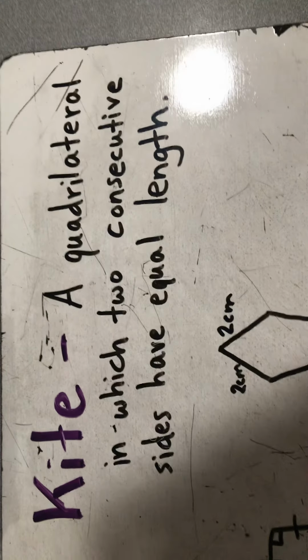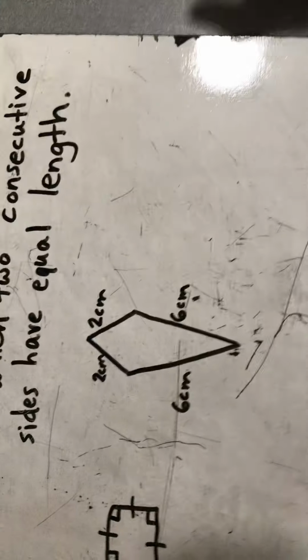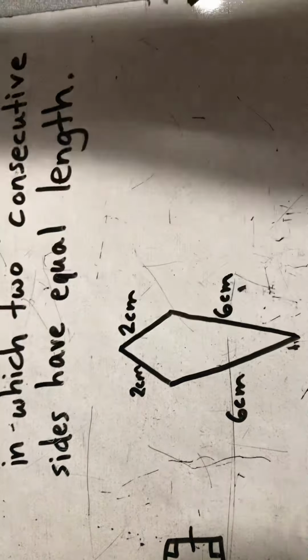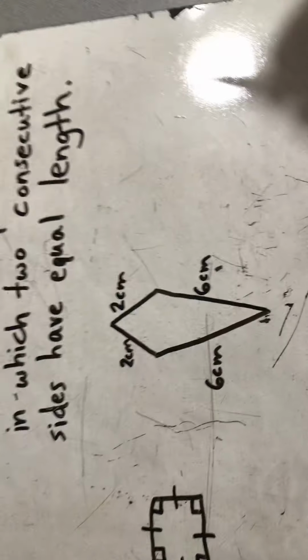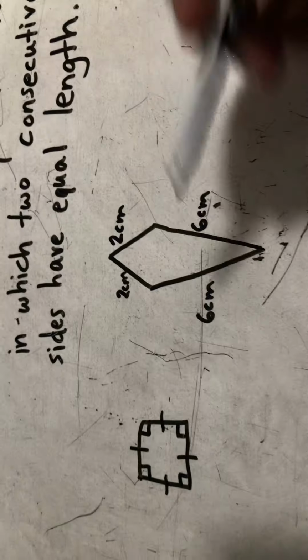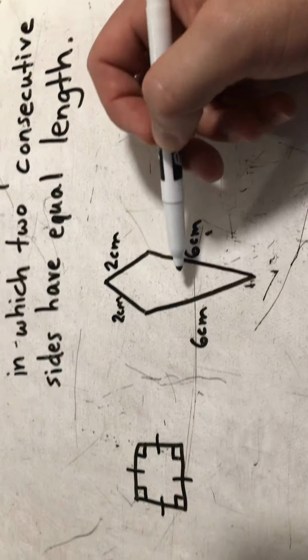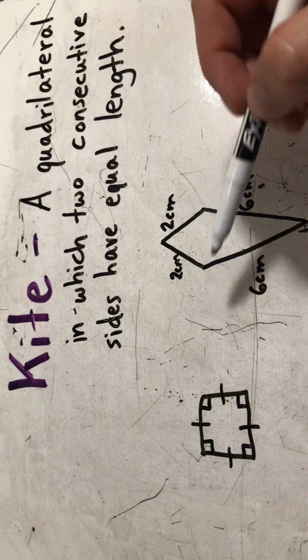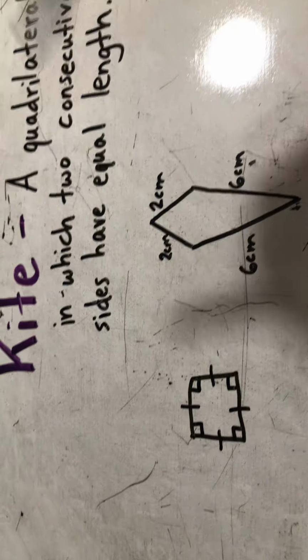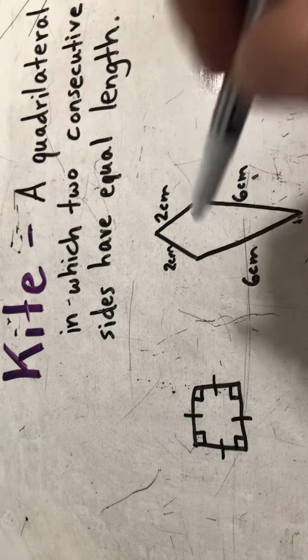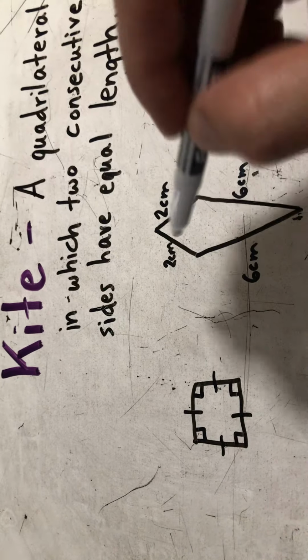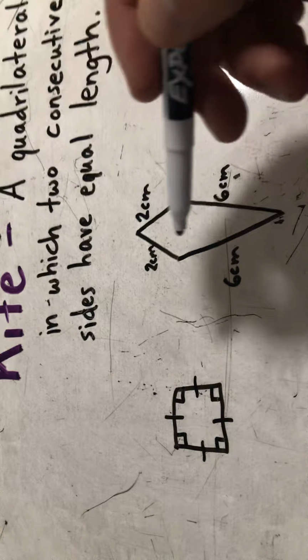Now, something I want to mention to you is, can a square be a kite? Yes, it can. Technically, a square can be a kite. Obviously, this is not a square when we look at it, so that's a time where a kite actually isn't a square. But there are other times where, technically, in the math world, a square is a kite.